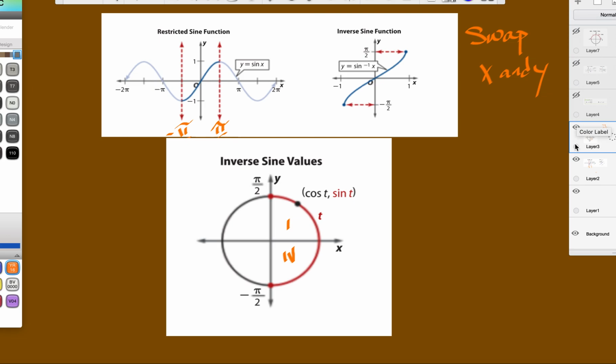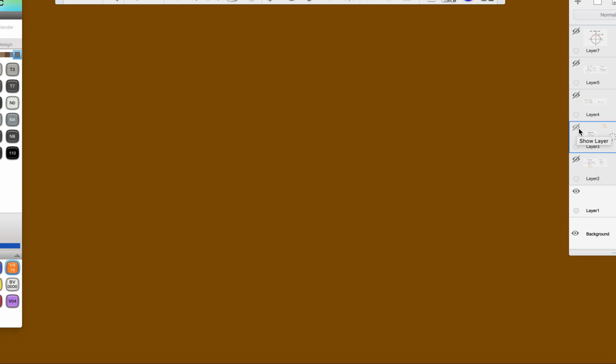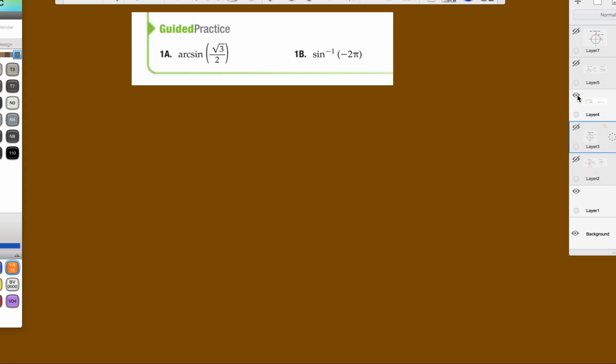Maybe if I get rid of that and move to this layer here, because now we're going to start looking at what those values are on the unit circle. I'm going to show you that we cheat.